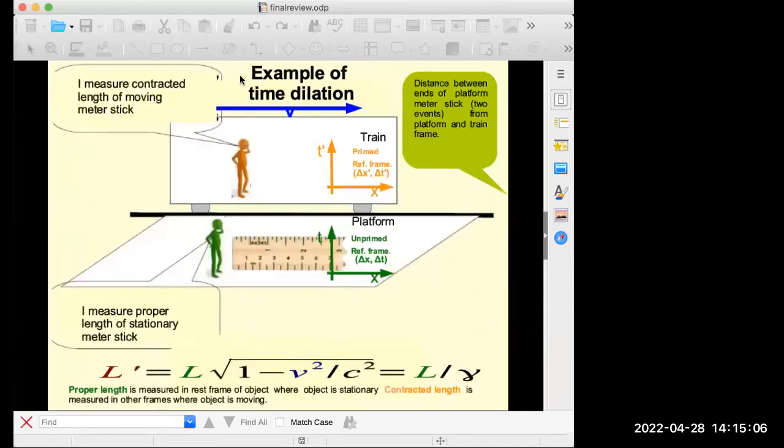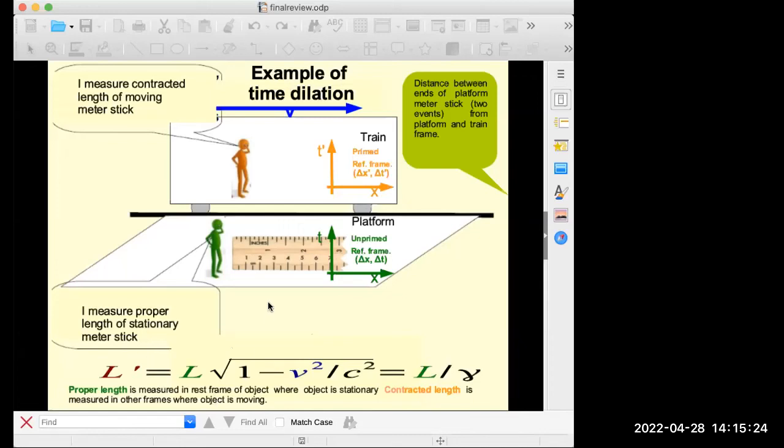The other effect in space and time that we talked about was length contraction. So it's a similar effect, but not for the time interval between, say, ticks of a clock, but rather the distance interval between two points.